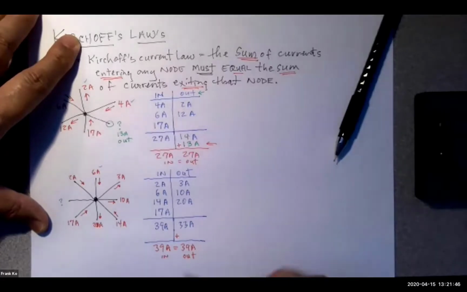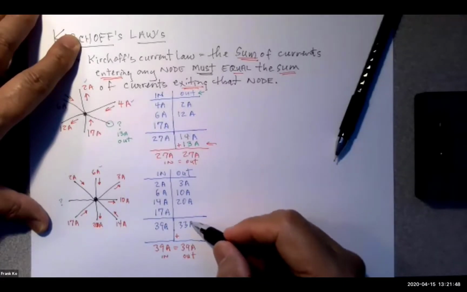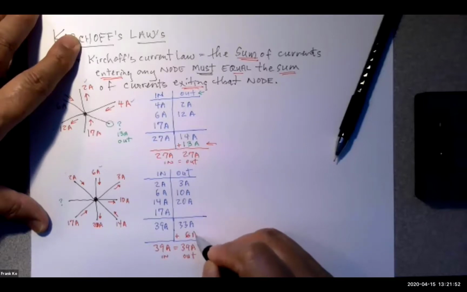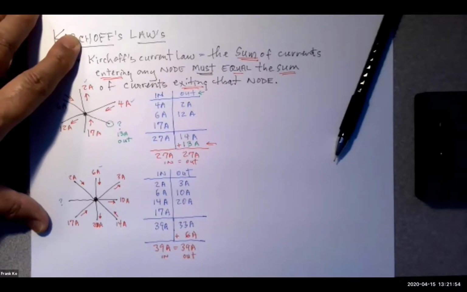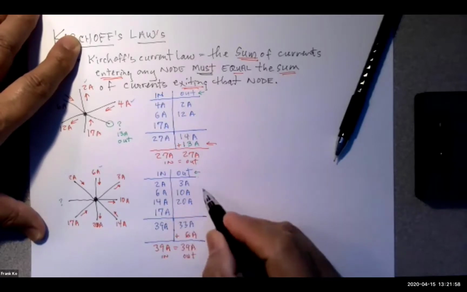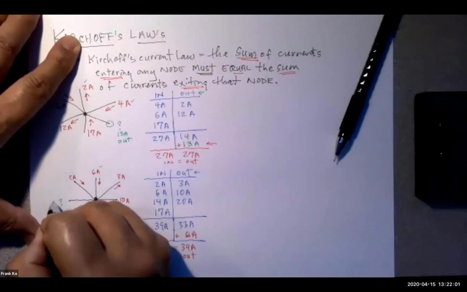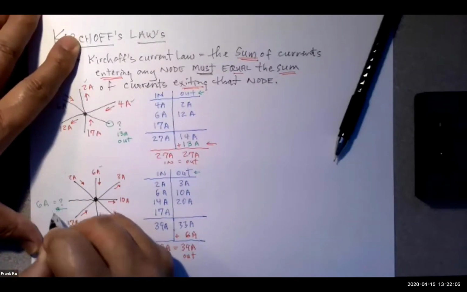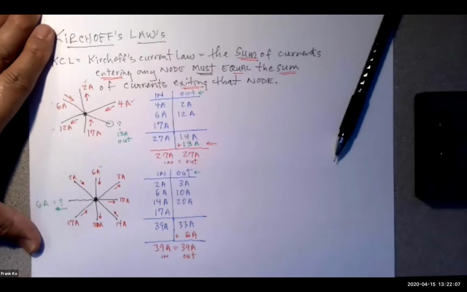And so as you can deduce, 39 minus 33, the difference is 6. 6 goes right here. And our missing current is 6 amps in which column? In this case, the out one. So this one is equal to 6 amps and moving with an arrow showing it's coming out.